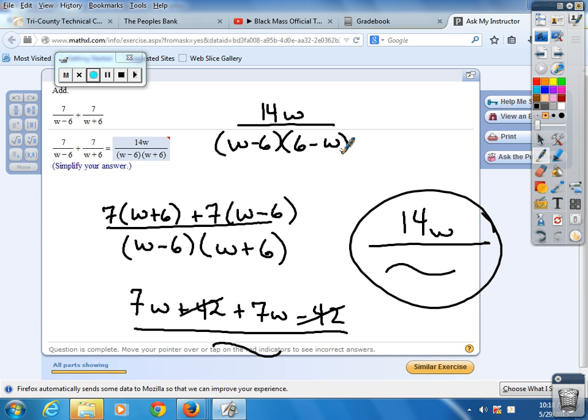Because, let's see if she got the first one. I think it was W plus 6. Okay. That's not the same. This is actually 14W over W plus 6 times negative W plus 6.